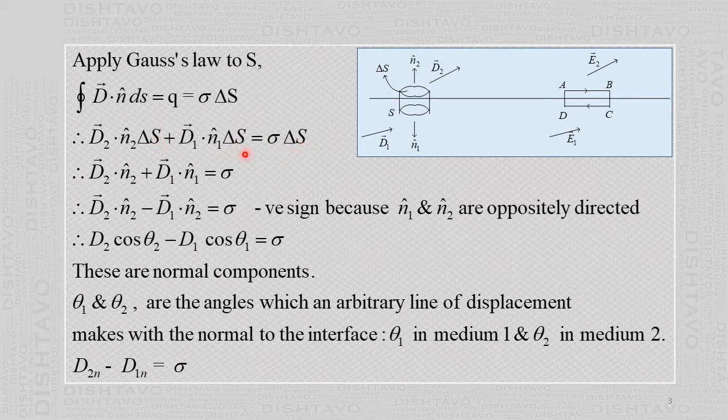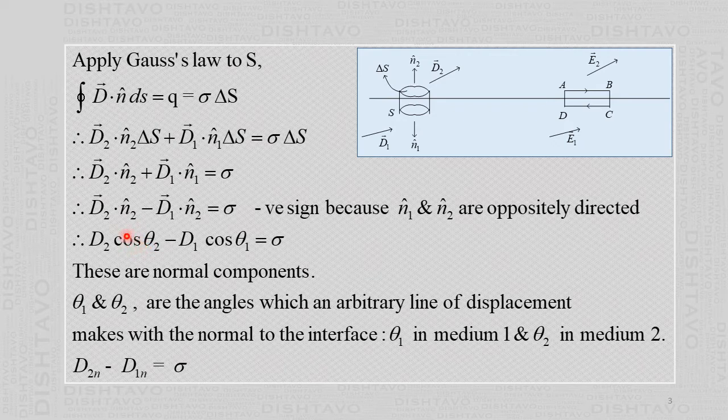Then dS cancels throughout and we get this equation. Since for the upper and lower surfaces these area vectors are perpendicular outward, they are in opposite directions. The magnitude of the unit vector is 1, in opposite direction, so n1 is minus n2. Then the dot product D2 dot n2 cap is the magnitude of D2, times the magnitude of n2 cap which is 1, times cos theta 2.